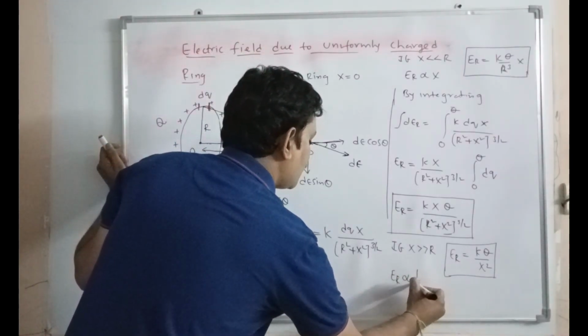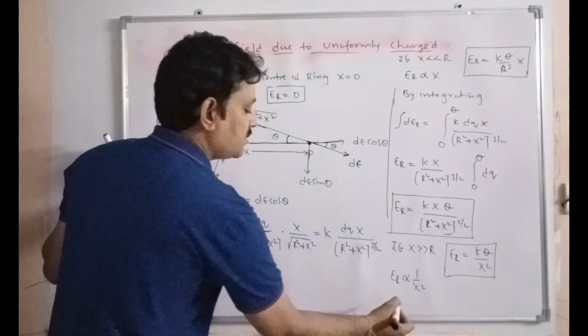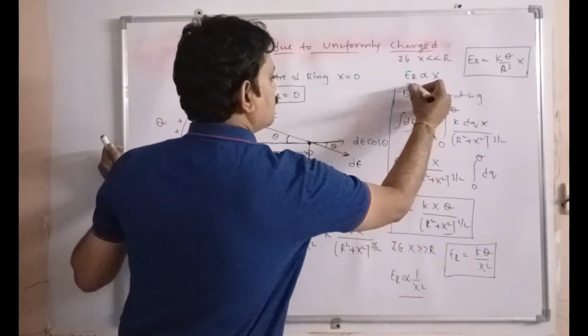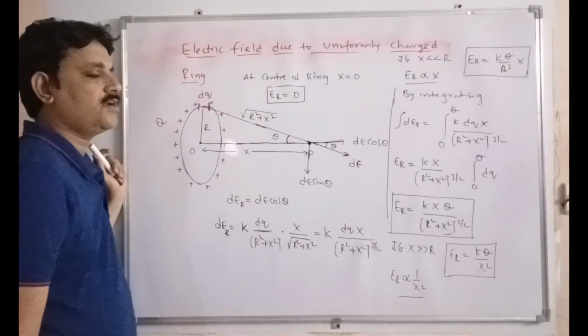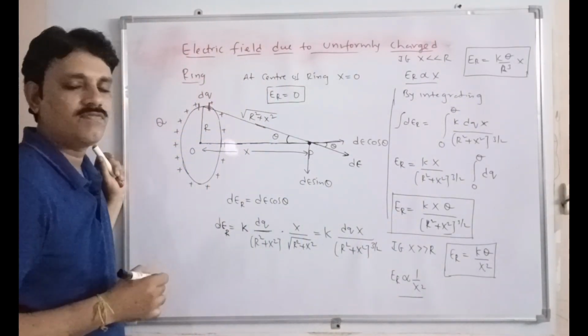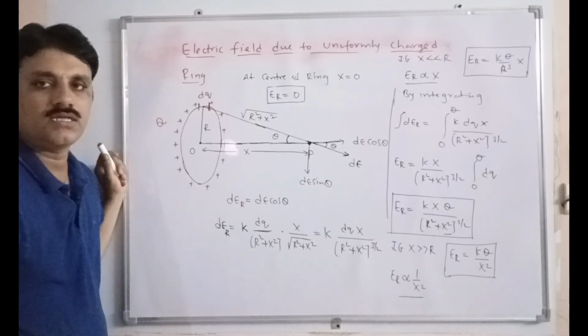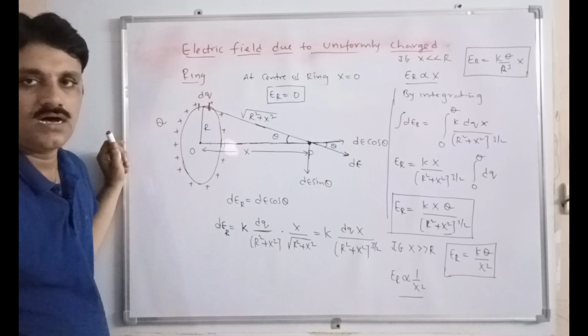So E is directly proportional to 1 by x square in this case. So the electric field is proportional to x when x is less than r, and the electric field is directly proportional to 1 by x square when x is greater than r.